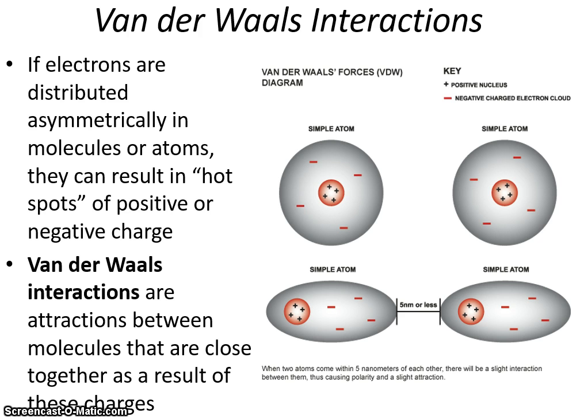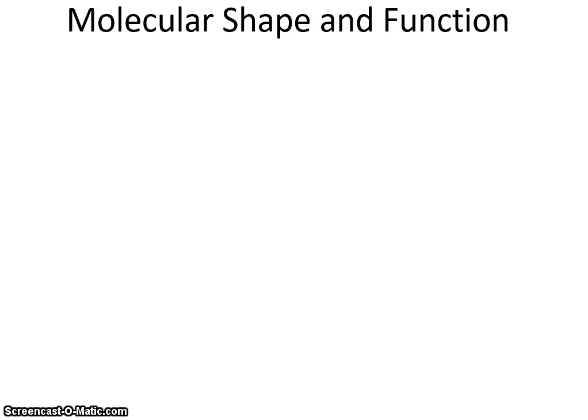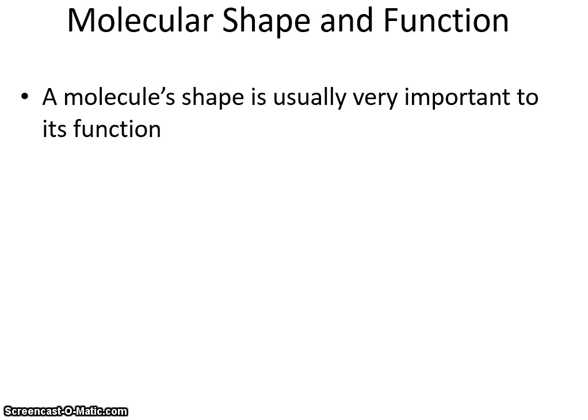So they're attractions between molecules that are close together resulting from these hot spots of positive or negative charges. They typically, again, can reinforce molecular shape, or have molecules or atoms stick together, but this is very weak and is very temporary.